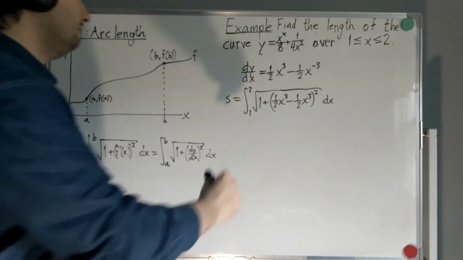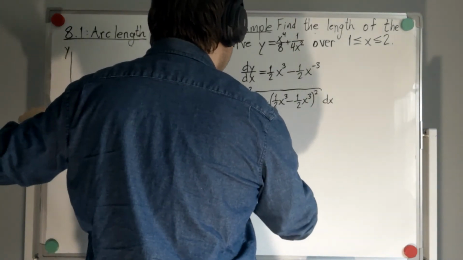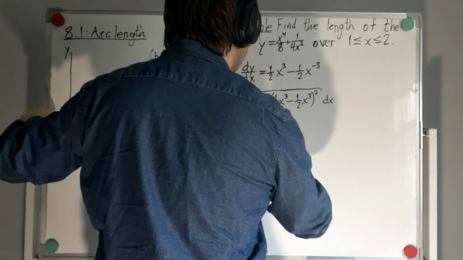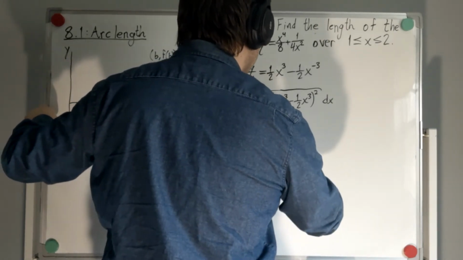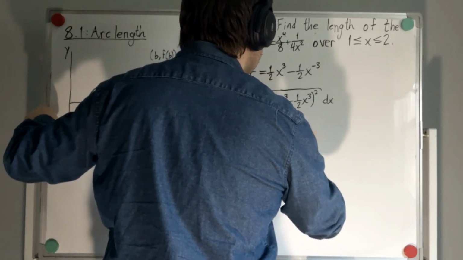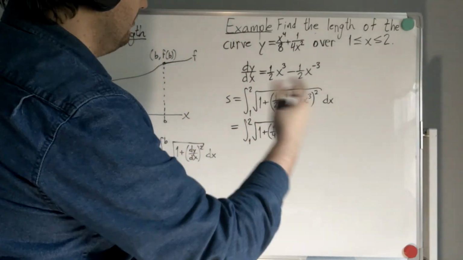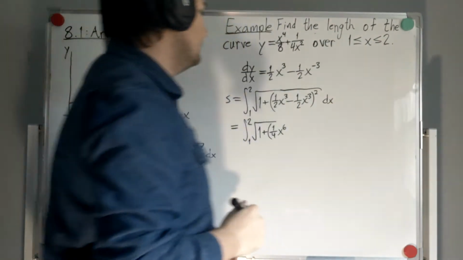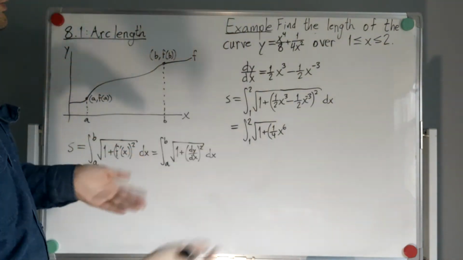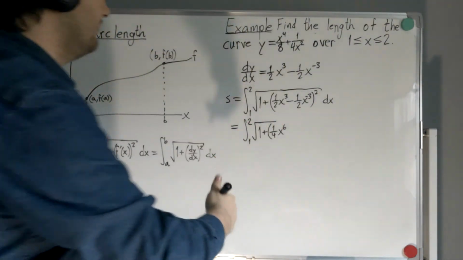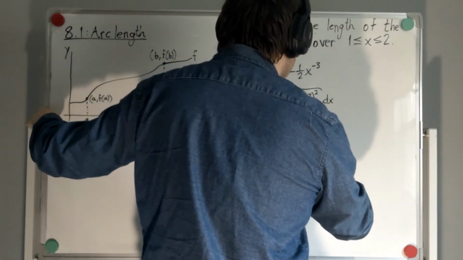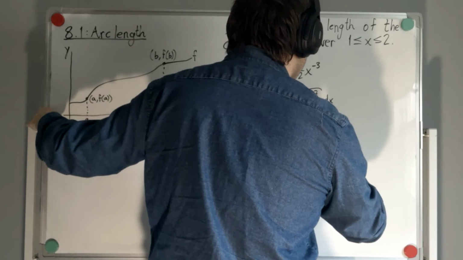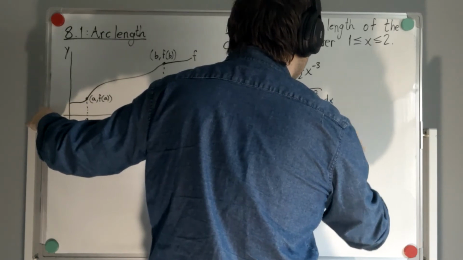You can distribute that. So this turns into integral from 1 to 2, square root of 1 plus 1/4 x to the 6th minus, oh wait, this should be to the negative 3. That's better. Minus 1/4 minus another 1/4, that makes minus 1/2, plus 1/4 x to the negative 6.